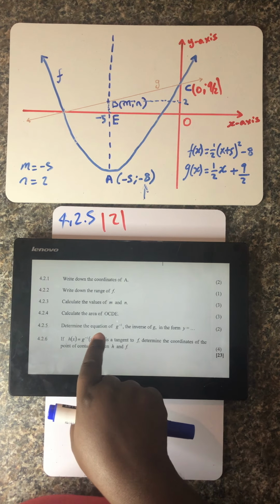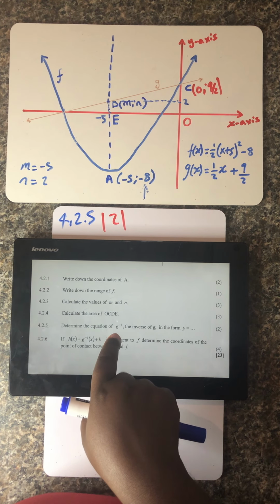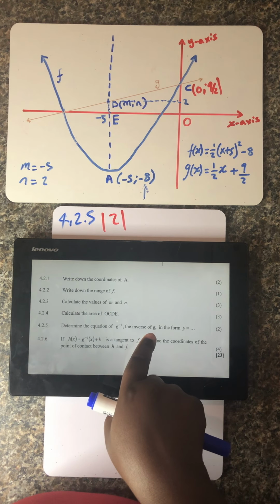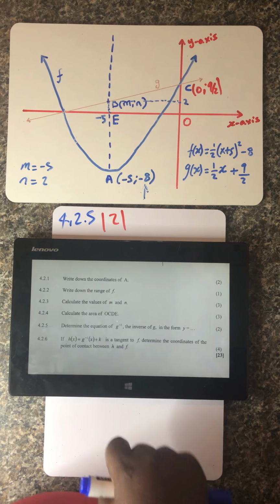Okay, so 4.2.5, determine the equation of the inverse of G. The inverse of G in the form of y equals that.